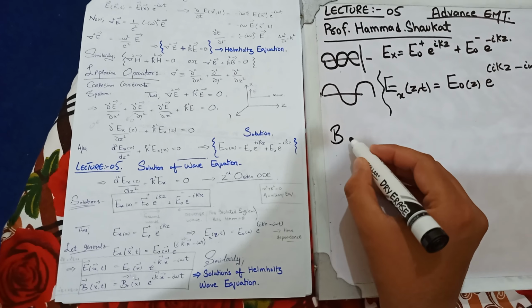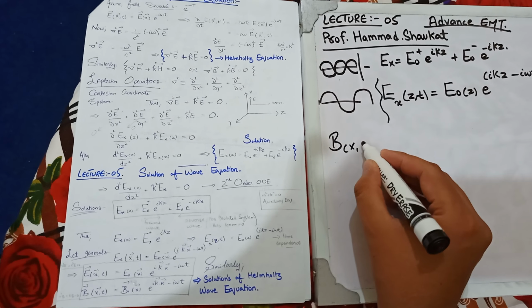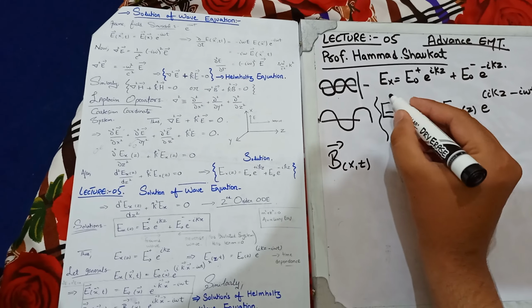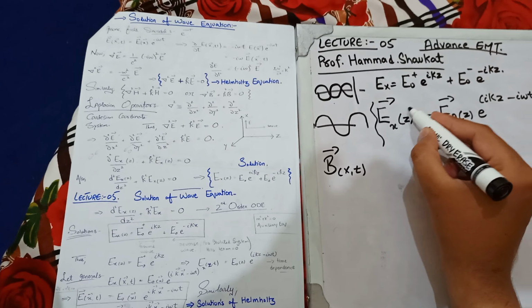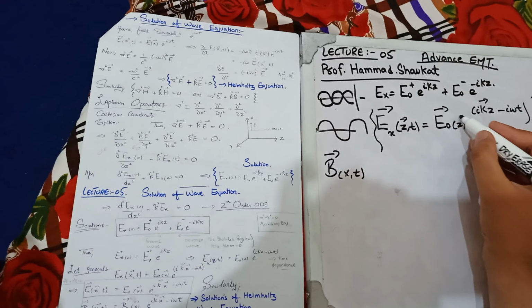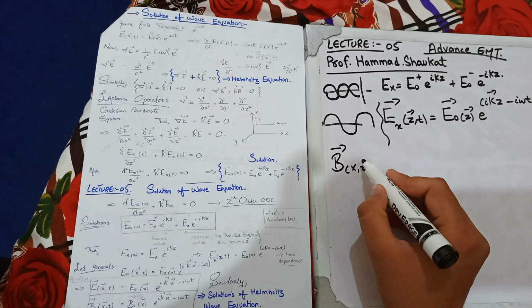Okay, so now your magnetic field, where x is the space coordinate and t is the time coordinate. There is an arrowhead on it because it's a vector. Similarly here it's a vector.